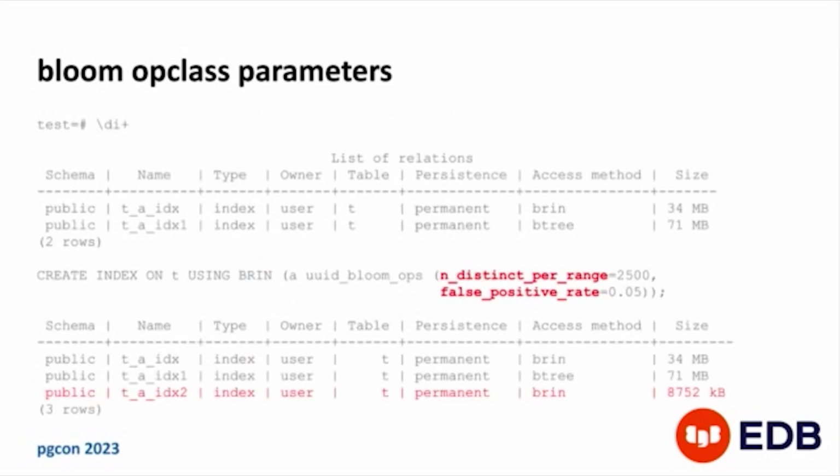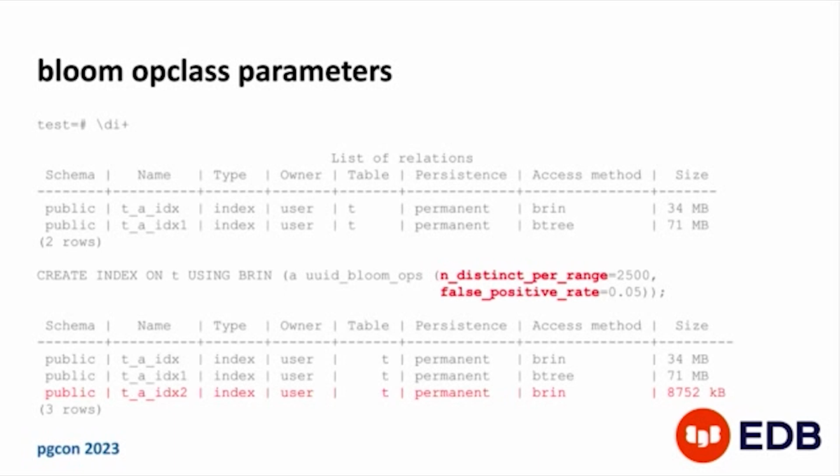And you can even tune the Bloom filter a bit, because Postgres doesn't have any good way to determine how many distinct values to expect in the ranges and what the false positive rate for the Bloom filter is, and so on. So you can specify that like this.